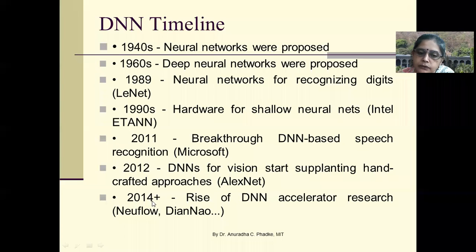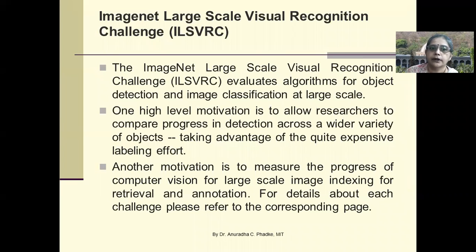Then in 2014 onwards, there was lots of research in DNN, and it has accelerated vision applications as well as speech applications, and many new architectures were available. Many other architectures for vision applications are available after 2014.